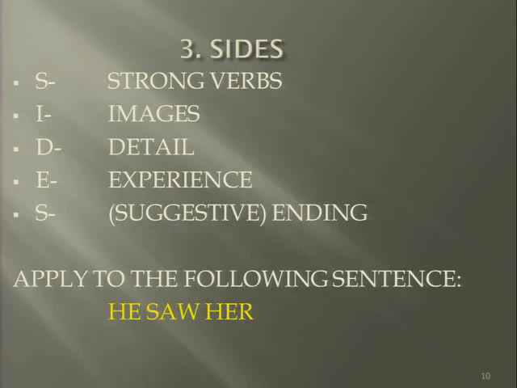There are many ways you could have interpreted this. There are many ways you could have added the strong verbs and the images, given it details and an experience, and added an ending. But remember, when you construct your sentences, we do not encourage you to use long sentences. However, we do encourage that you vary the structures of sentences.